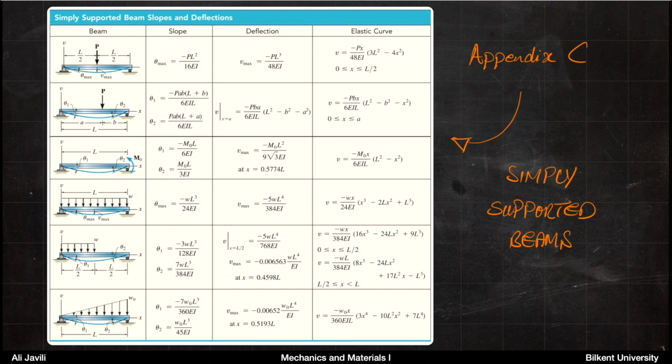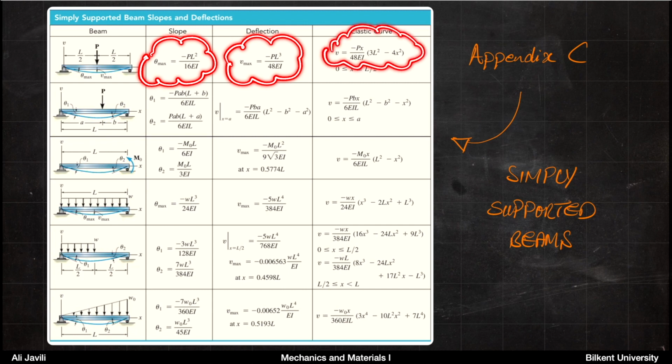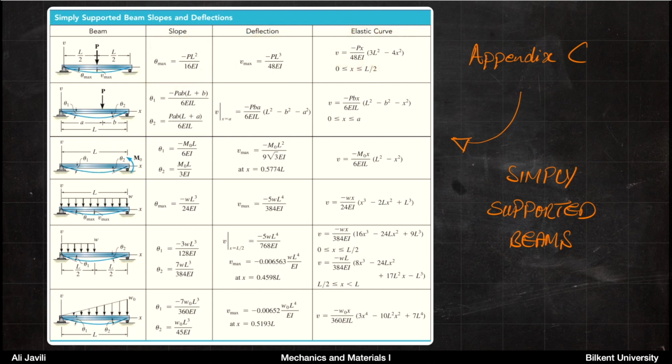You can calculate those using our formula, integrating twice and using the boundary conditions, obviously. But also in this table, you already have theta max and the maximum deflection. Not only do you have those, you also have the elastic curve itself.